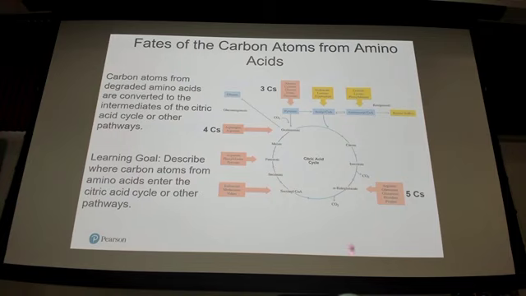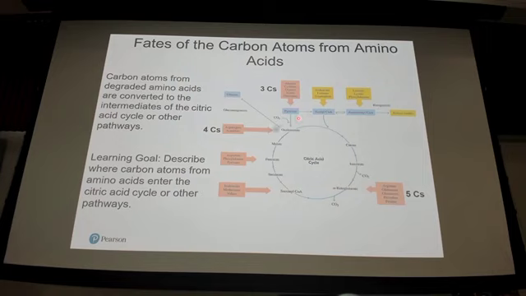So typically, 3 carbon amino acids will be converted to pyruvate, 5 carbon amino acids will be converted to this 5 carbon alpha-ketoglutarate, and 4 carbon amino acids, that skeleton, will be converted to oxaloacetate. Typically speaking, of course, there are exceptions to this.